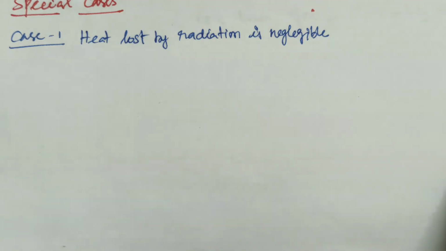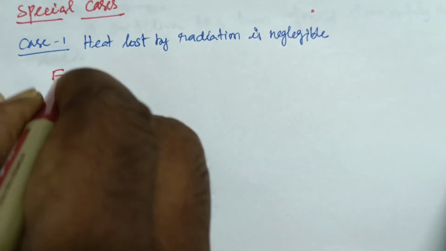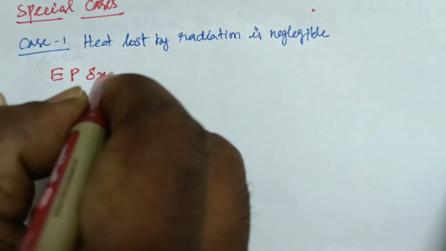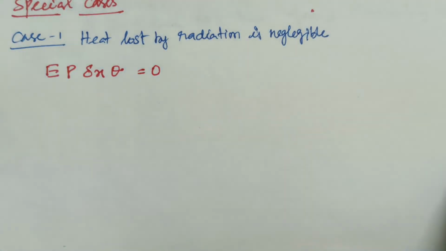So there is no heat lost. Now the radiation of heat is E P del x theta equal to 0, which means the total heat gained by the rod is completely used to raise the temperature.